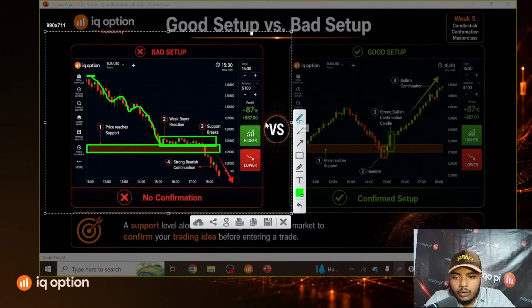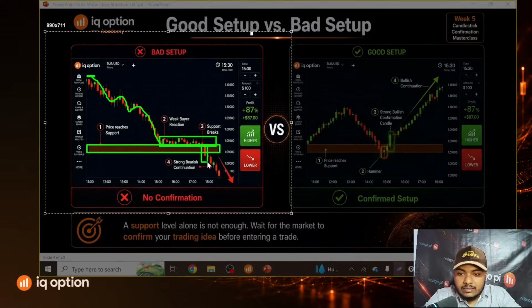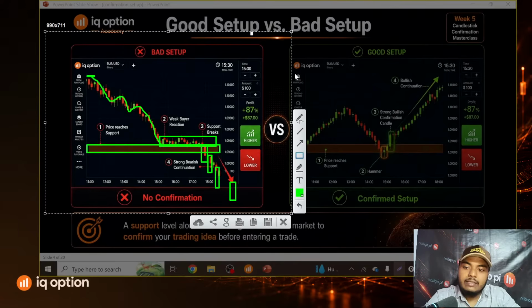Because we do not get any good buyers' pressure or buyers' confirmation here, eventually the sellers broke this support zone and continued moving in the downward direction. So this is actually a bad setup because we do not find any bullish confirmation to go with the buyers, even though the market exactly closed at the support zone.